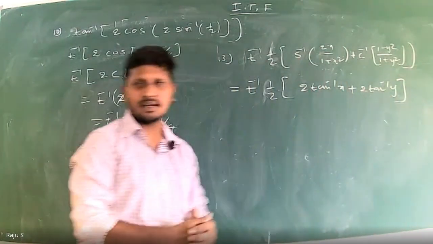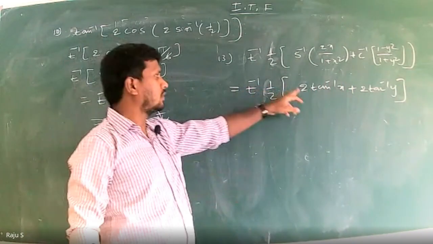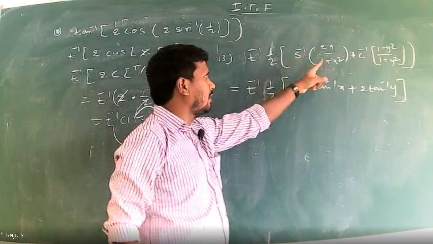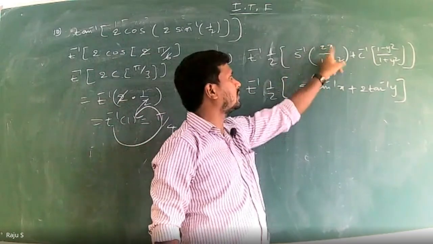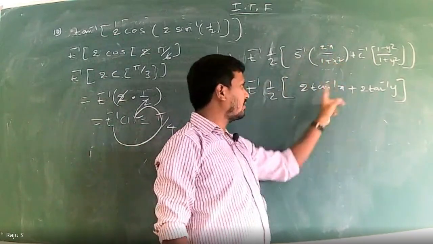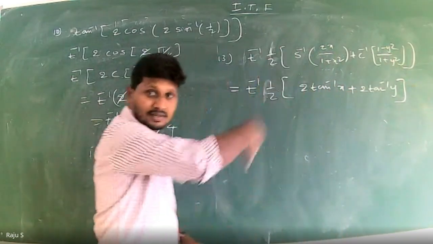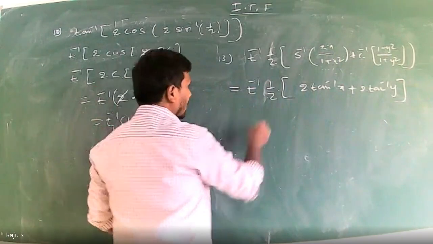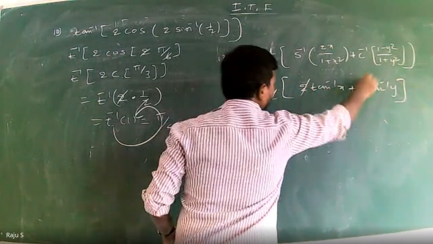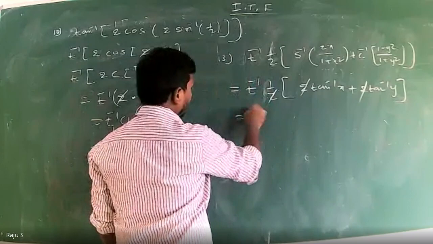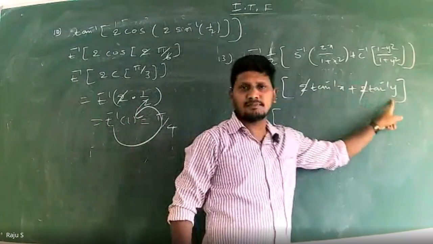Cos 2 theta is 1 minus tan square by 1 plus tan square. So 2 is common and cancels. Tan inverse x plus tan inverse y remains.